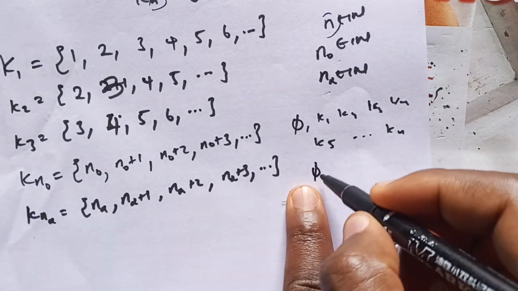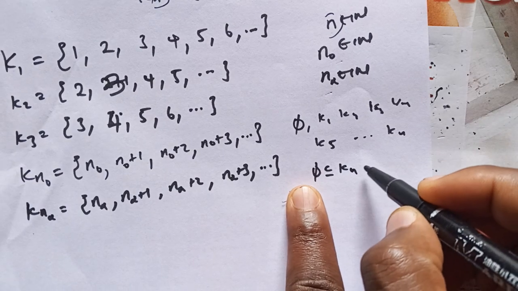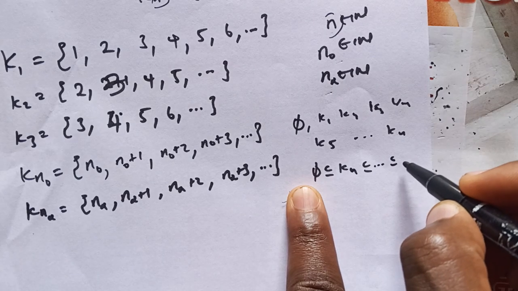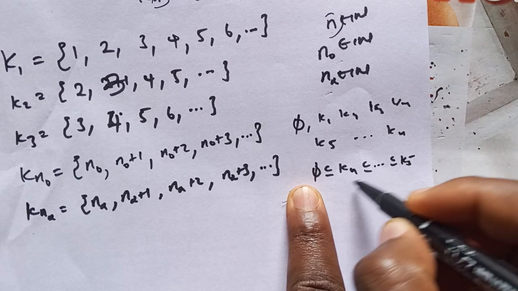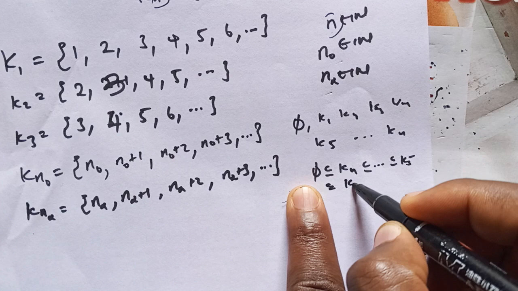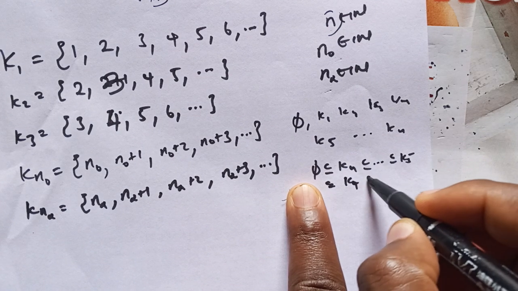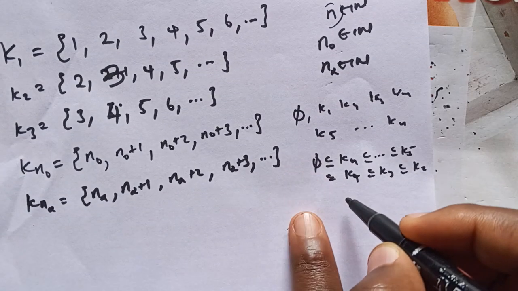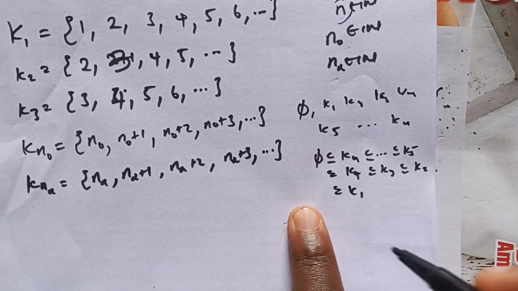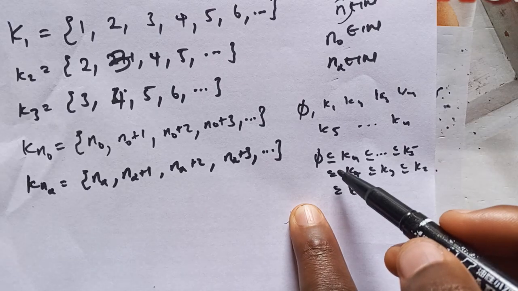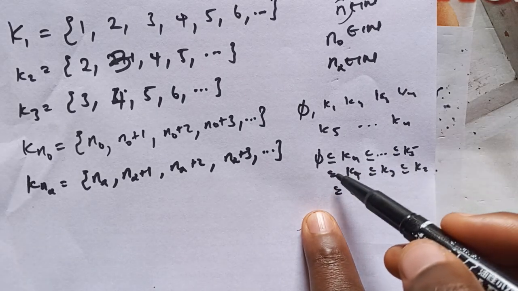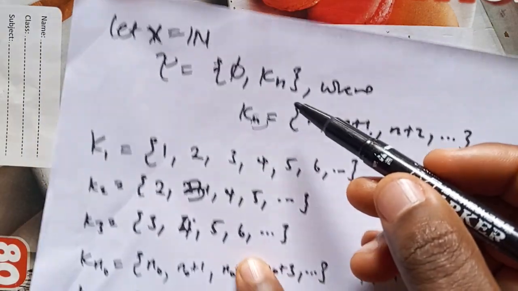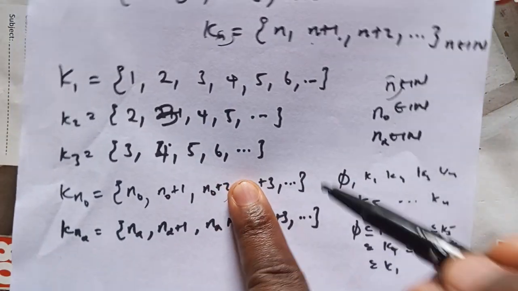Observe that the empty set is a subset of K_n, and so on, each is a subset of K_5, K_5 is a subset of K_4, K_4 is a subset of K_3, K_3 is a subset of K_2, and K_2 is a subset of K_1. Since this can be expressed like this, it shows that this topology is totally ordered.